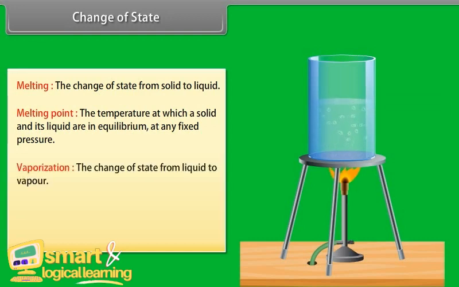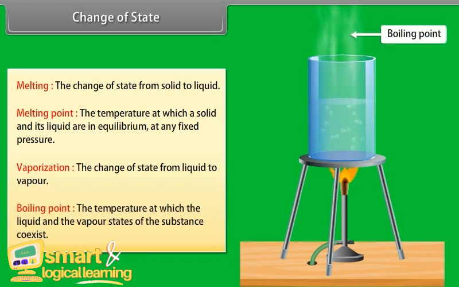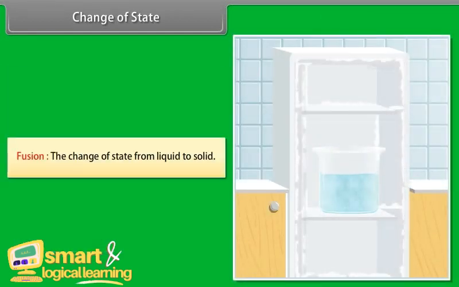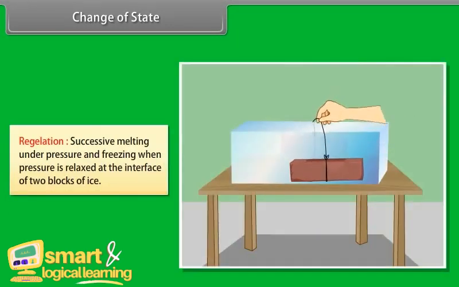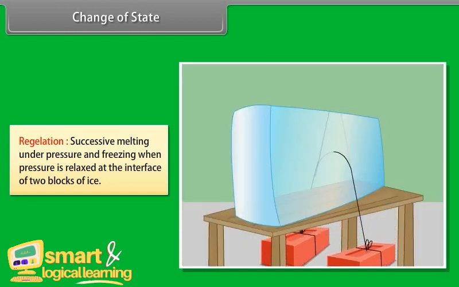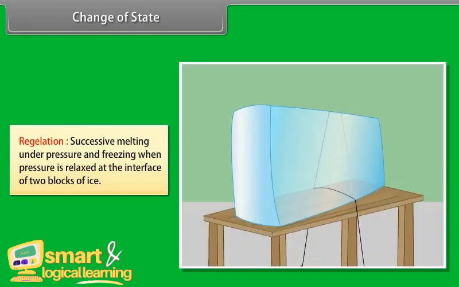Vaporization. The change of state from liquid to vapor. Boiling point. The temperature at which the liquid and the vapor states of the substance coexist. Fusion. The change of state from liquid to solid.